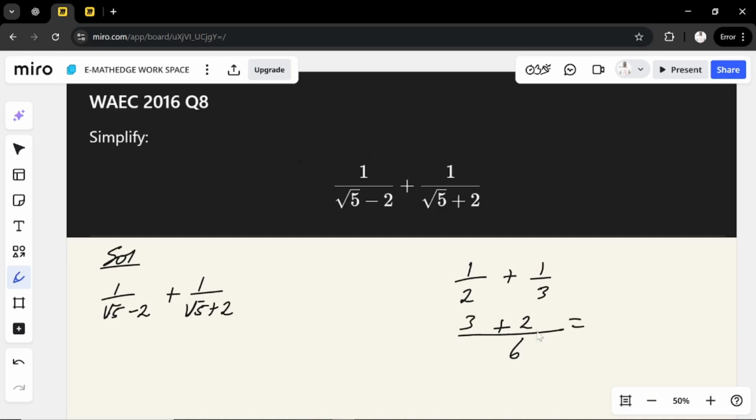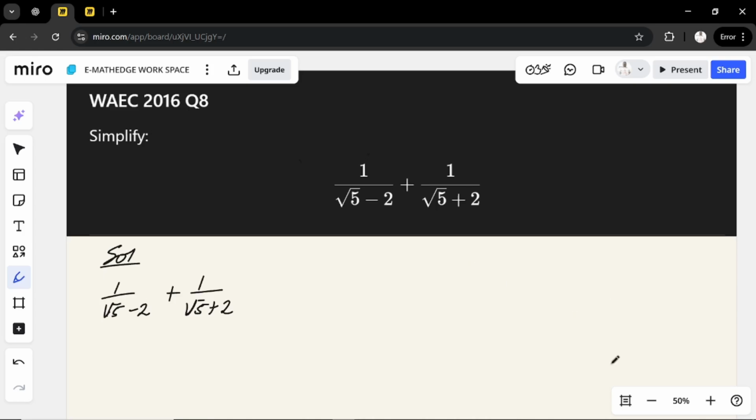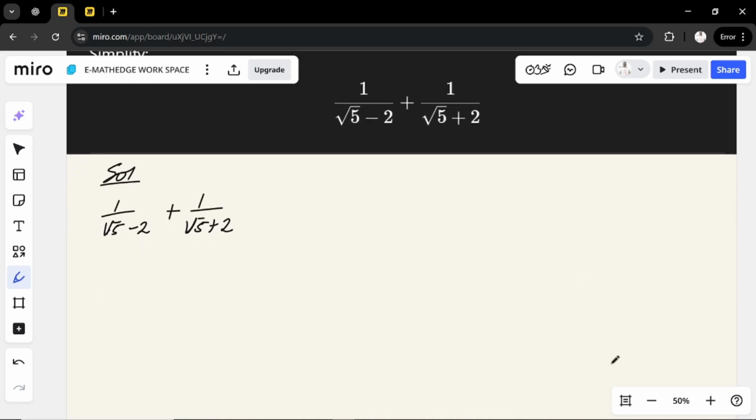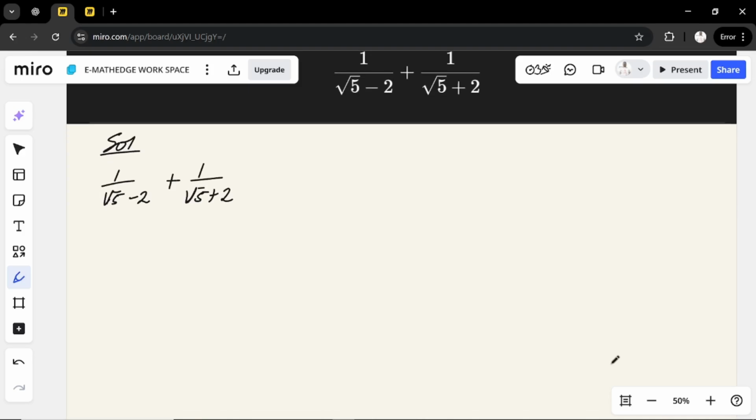So in this case, 3 plus 2 is going to give us 5 all over 6, which we have initially. So this cannot be simplified further. So that is to say our final answer is 5 all over 6. And that is the method we are going to be using to solve this surd problem.